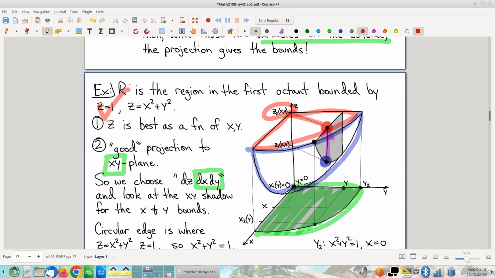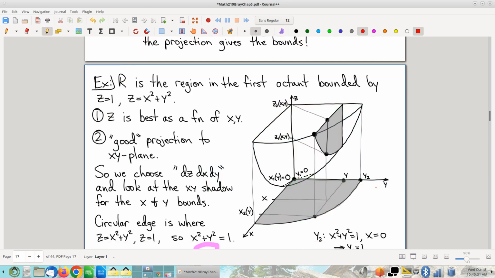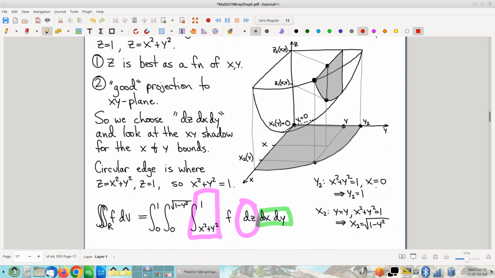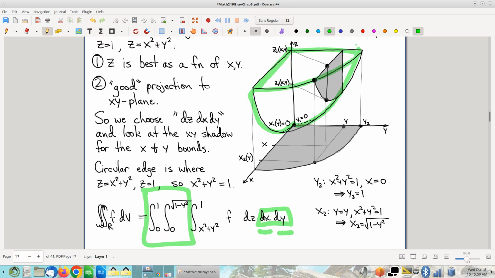When you have that set up, something really nice happens. And here's the really nice thing. When you set things up like this, and when you are trying to figure out, for example, what's the range of values for your outside two variables, for your projection variables, x and y in this case, because I'm projecting into the xy plane, the awesome thing is that the range of values over the solid is exactly the same as the range of values over the shadow.